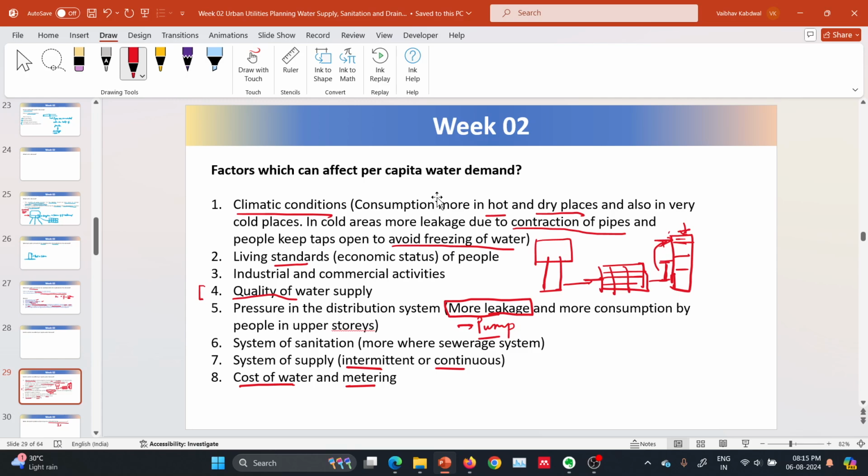And based on system of sanitation, like if you have sewerage system, flushing system, bathtubs in your home, if the standard of living is good or the system of sanitation is good, then we will have much higher water demand.